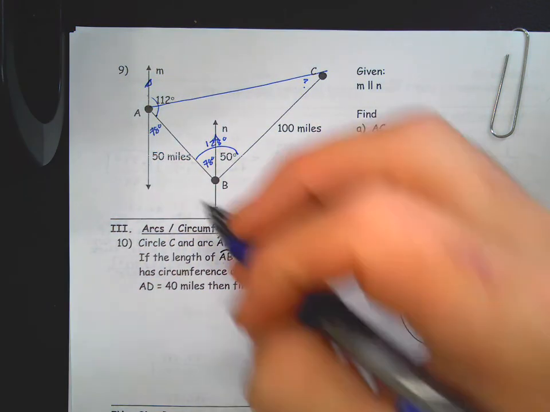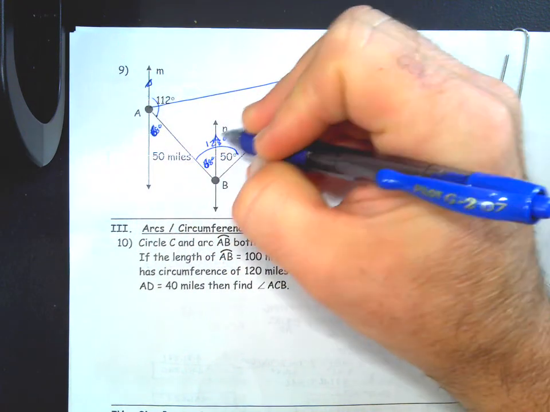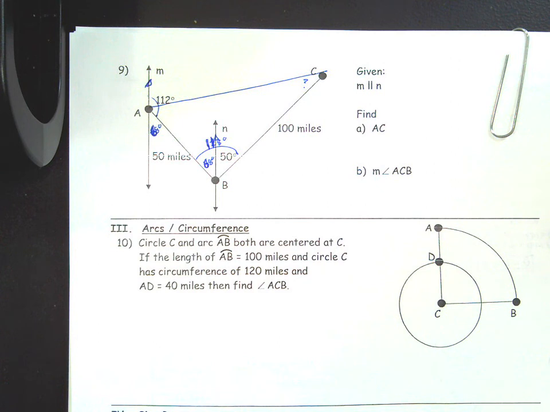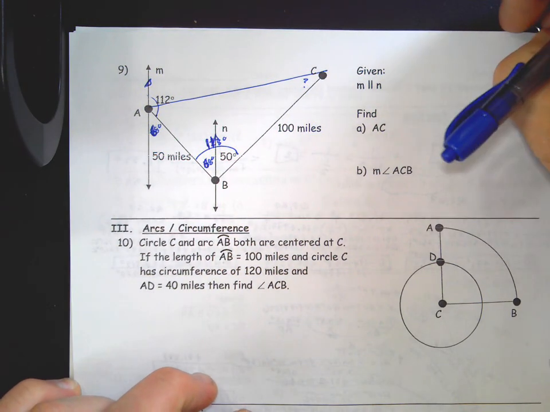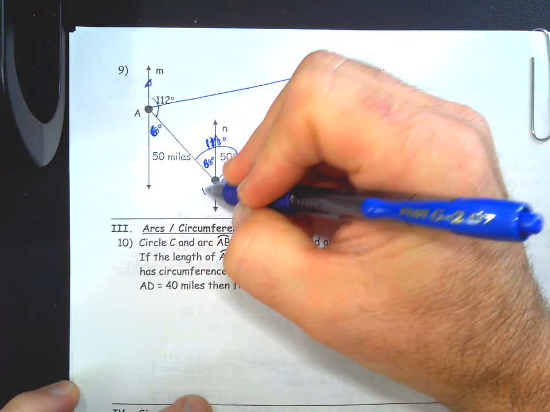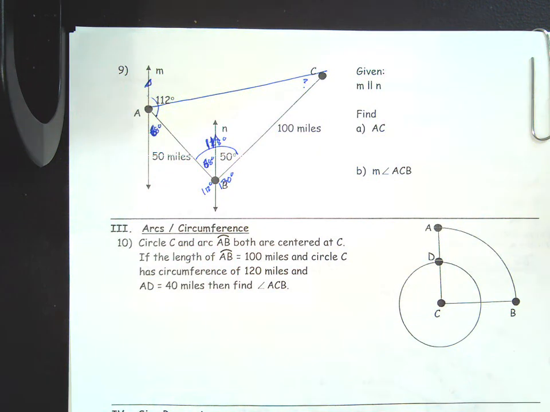You know what? This is supposed to be 68. So this is supposed to be 68, so this would be 118. I made a little mistake there. Okay. Let's see. So, this is 130 degrees back here. This is 112 degrees here. Just finding everything I can.